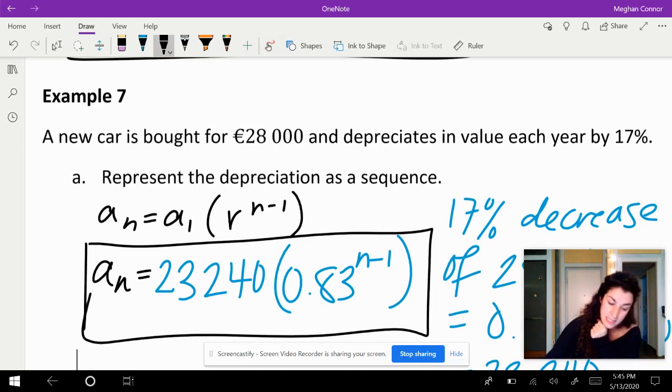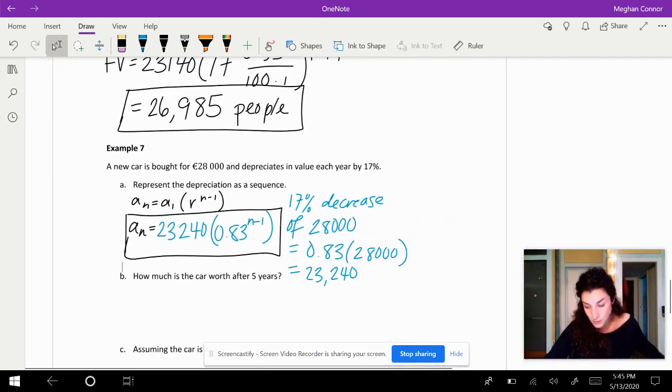And that is the situation as a sequence. It gets a little bit more complicated than that if we wanted to represent it as a financial compounding interest type of problem, but that is it as a geometric sequence. You can do both because they are interchangeable. When we start dealing with compoundings, that's when things get interesting.